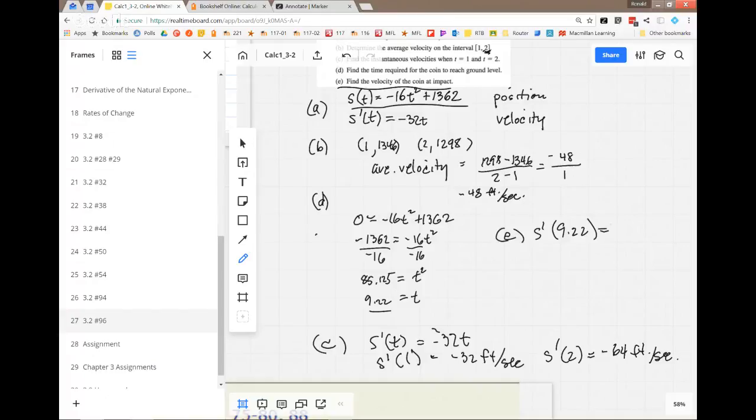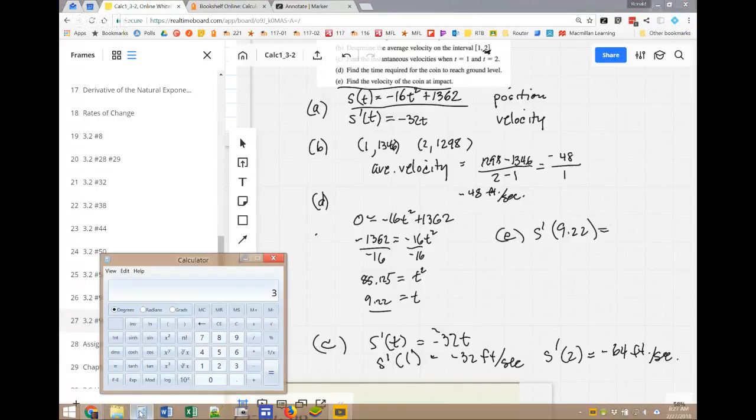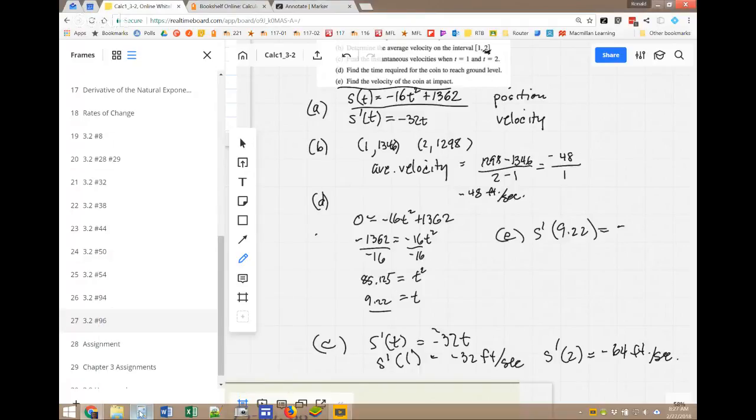And all we got to do is multiply it by negative 32 times 9.22. And we get negative 295 feet per second. So 9 seconds after this thing is dropped, it has, of course, picked up speed quite a bit.